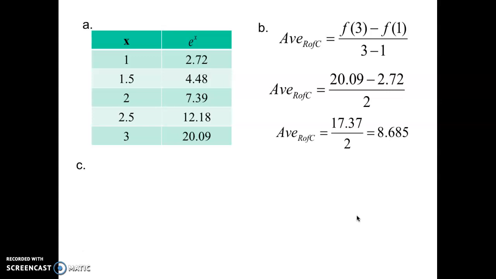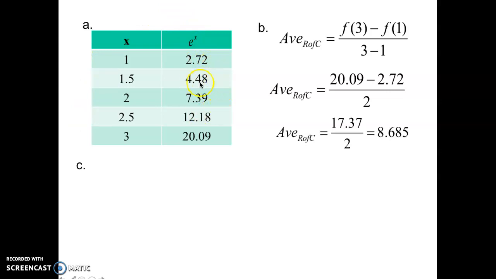Part C says to use this table to get a good estimate for the instantaneous rate of change at x equals 2. Now again, this is just a table of values, so it's a numerical estimate of the derivative of the curve at x equals 2. Because we are not going to do this algebraically, we're going to do this numerically.